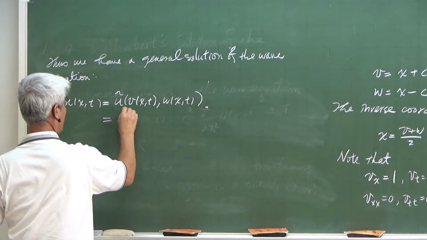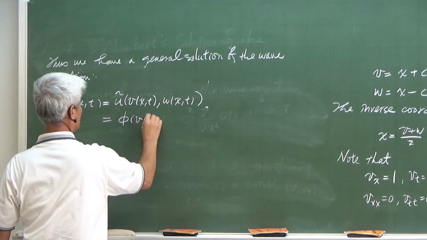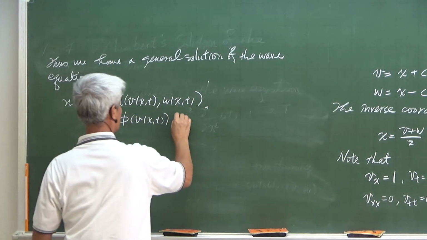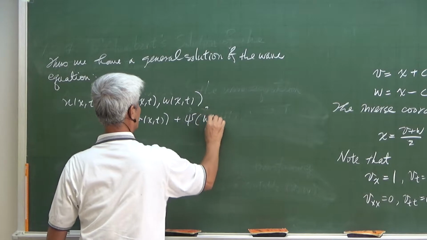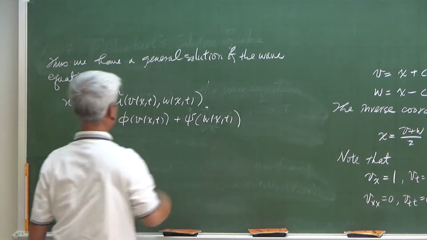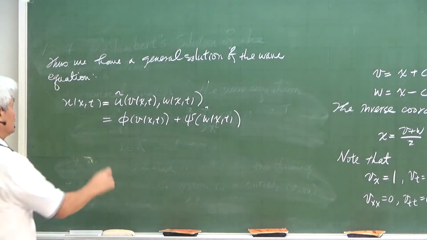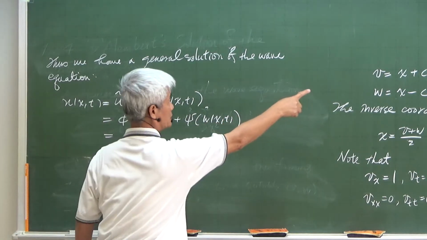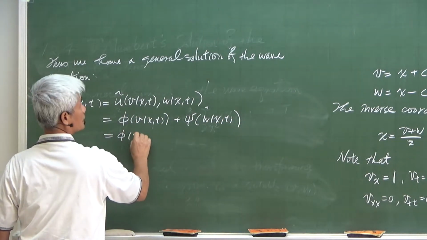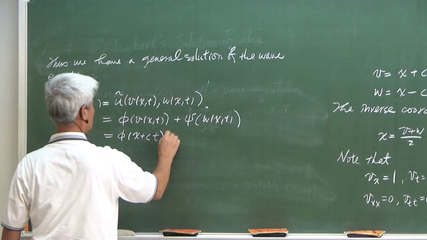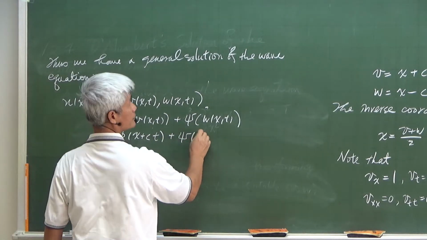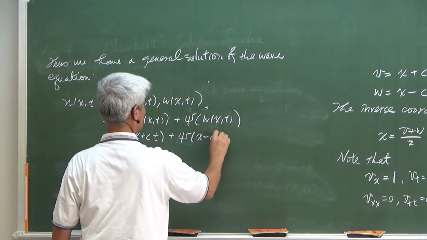So this is phi(v(x,t)) plus psi(w(x,t)). Okay, this is our solution. And what is v(x,t)? v(x,t) is x plus ct, w(x,t) is x minus ct.